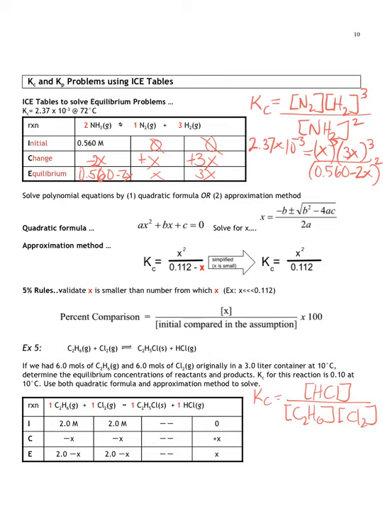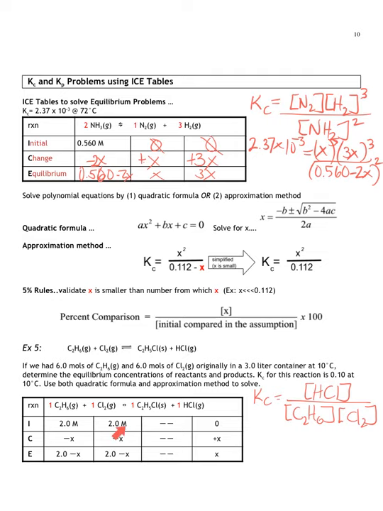Now, the first thing I want to do is set up my ice table and put my initial amounts in. When I take my moles and divide by my liters, that will give me my molarity. So I do that for each. 6 divided by 3 is going to give you 2.0 molarity. And I do it also for chlorine gas. And 0 is my product.